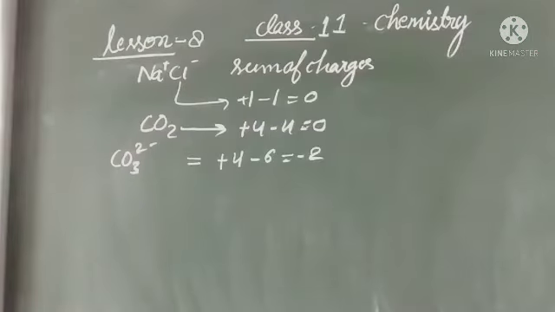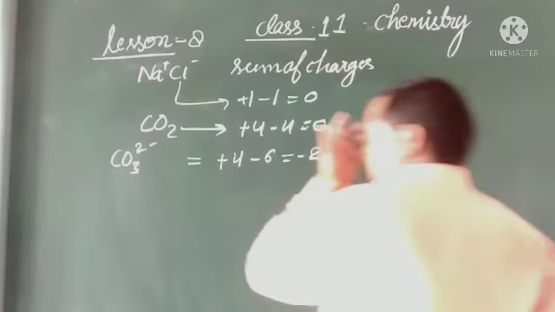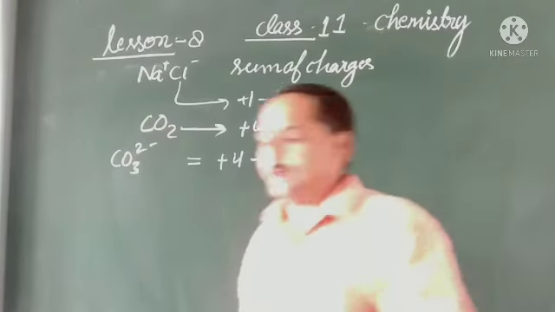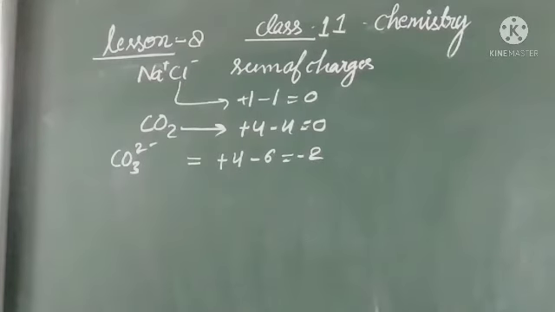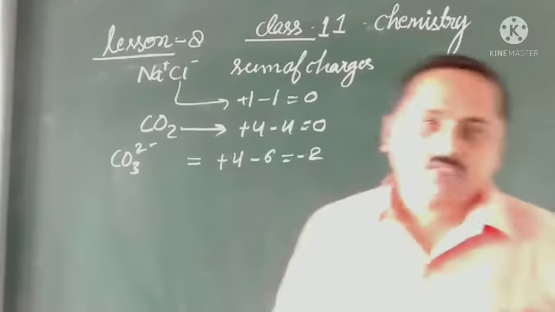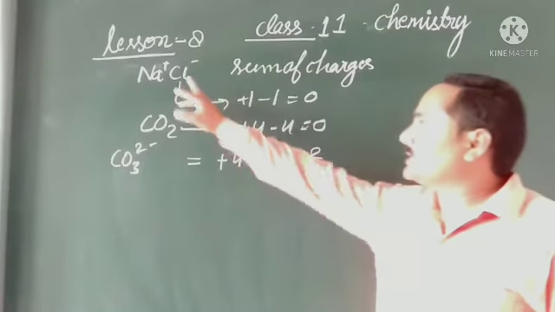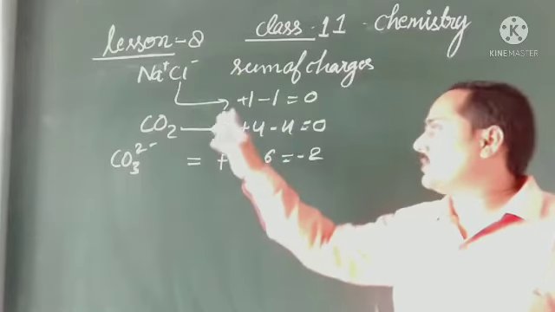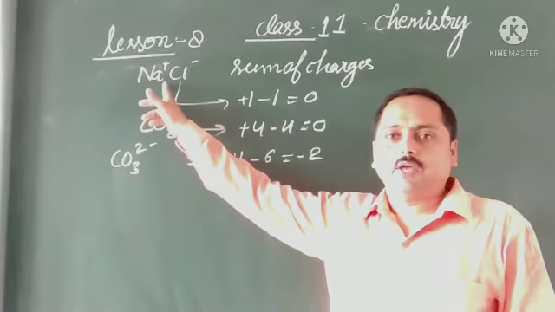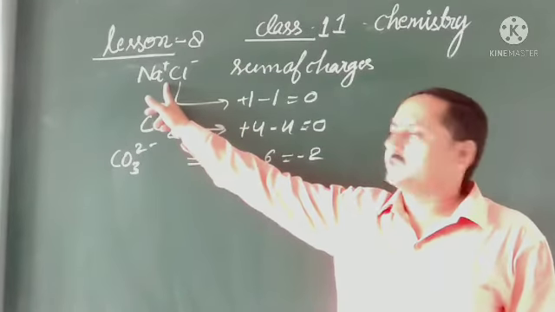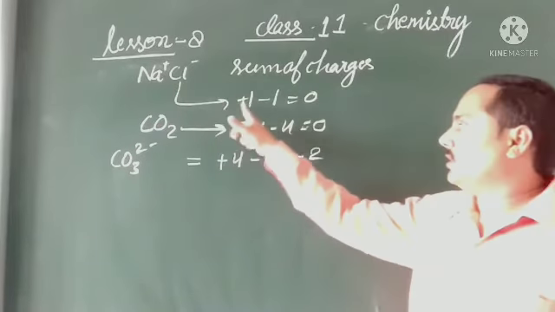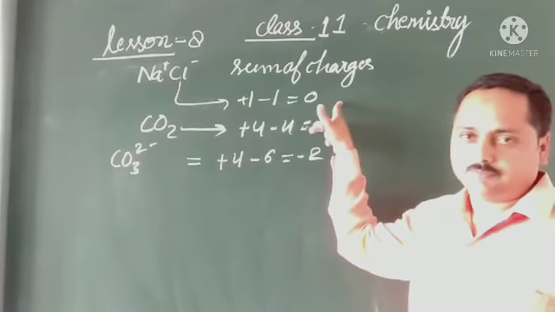So here I wrote these charges. The sum of the oxidation states must be equal to 0. The sum of the charges of a compound must be zero. The oxidation state of Na is plus 1 and Cl is minus 1, plus 1 minus 1 equals 0.